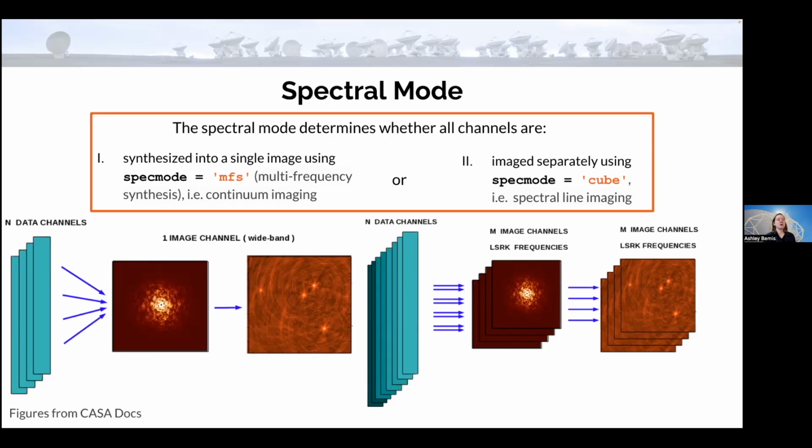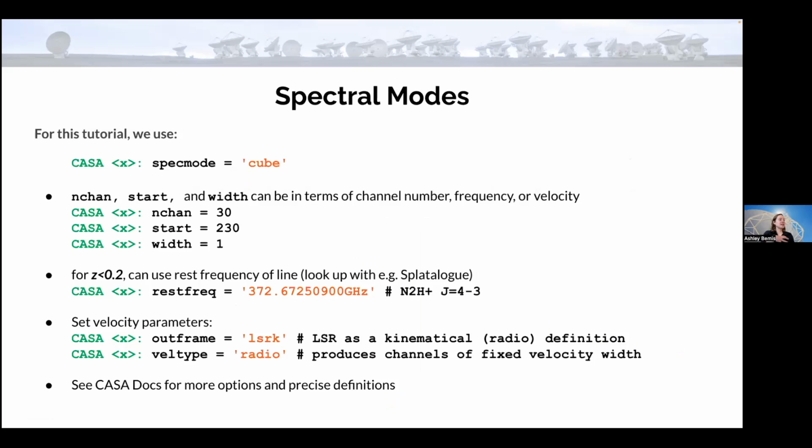If you choose specmode equals cube, this is telling tclean that you want to image all of those channels separately into a data cube. When you select specmode cube, you end up with a number of subparameters that you should also adjust. I'm going through these here.